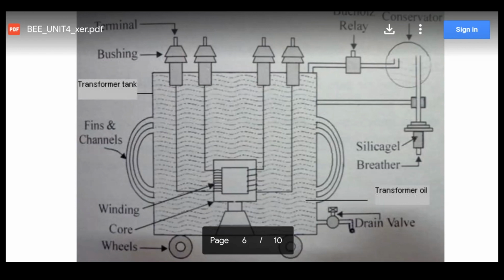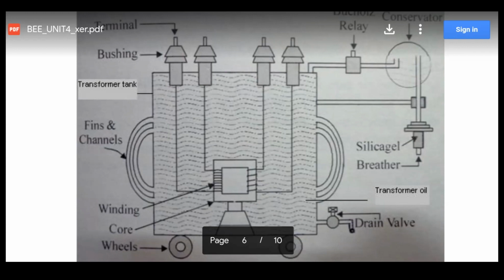To counter the temperature rise within the transformer tank, the transformer oil has the cooling effect on the transformer.